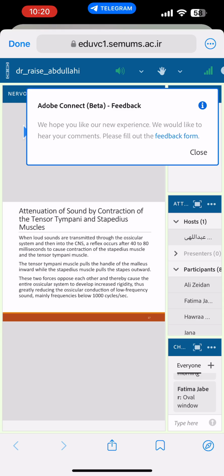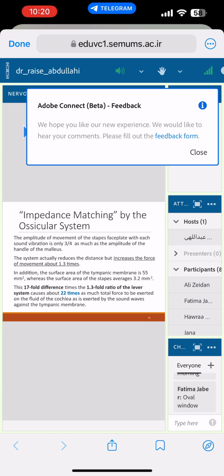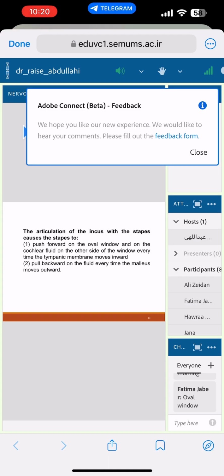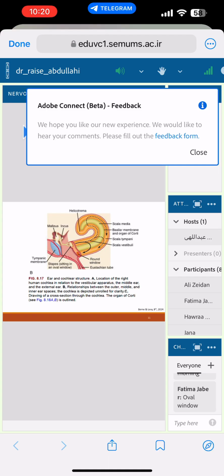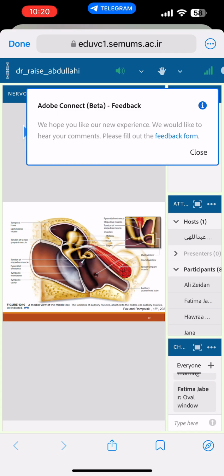This is a supportive mechanism to protect our ear. This is the tensor tympani muscle.